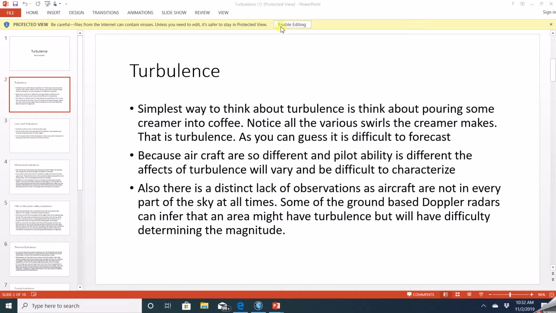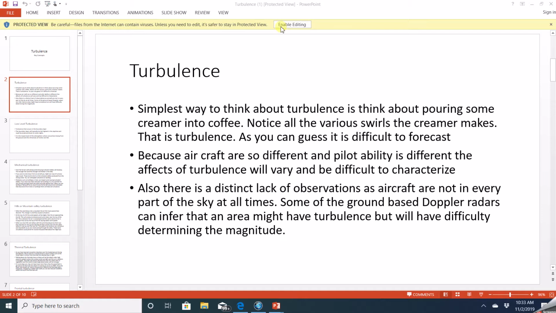Every aircraft is different, so they handle turbulence differently. Every pilot's ability is different. Some are going to be able to handle it a lot better. One of the problems with turbulence is there's not a lot of observations. There's not an aircraft everywhere in the sky to say, oh, we're running into turbulence in this area, or we have wonderful flight in this area.